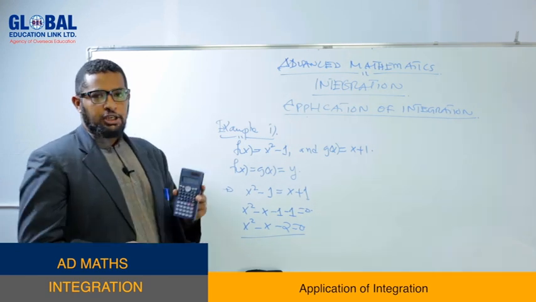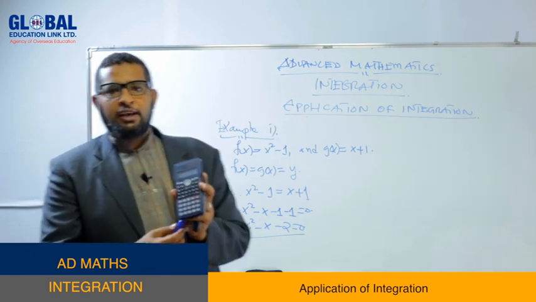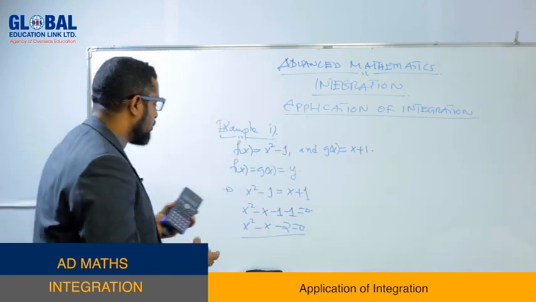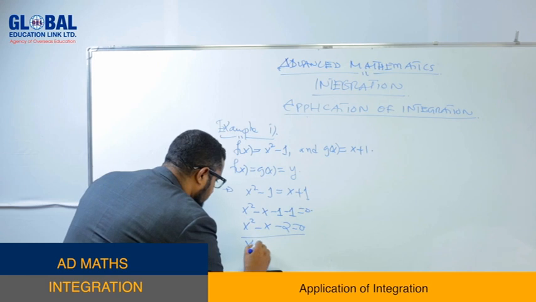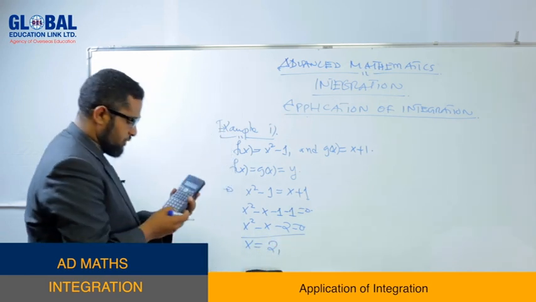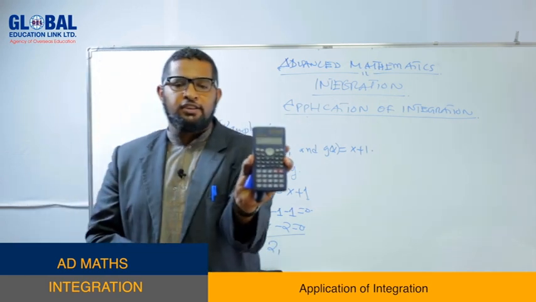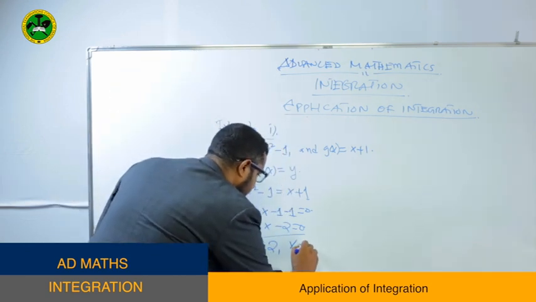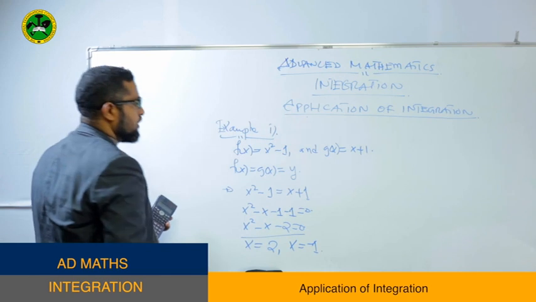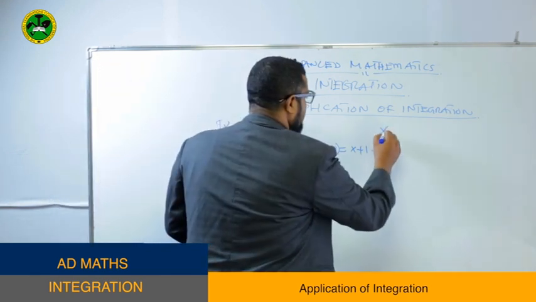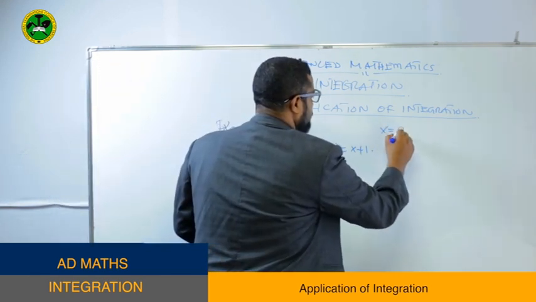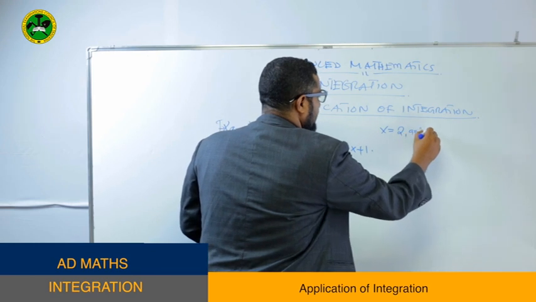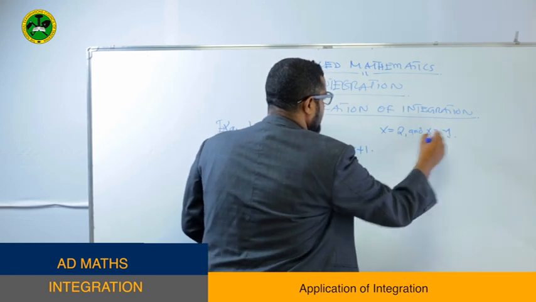So in my calculator, x number 1, or the first value of x, is equal to 2. And the second value of x is negative 1. So x equal to 2 and x equal to negative 1.